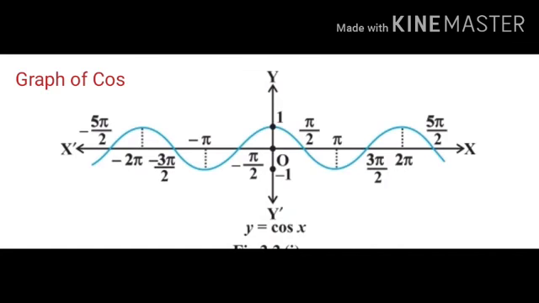We will make the graph of cos in the same fashion as we made the graph of sin x. Similarly, if we interchange the position of x and y, we will get the graph of cos inverse x. In a similar way we restrict the domain, just we have to remember one thing, this time the domain will be 0 to pi.